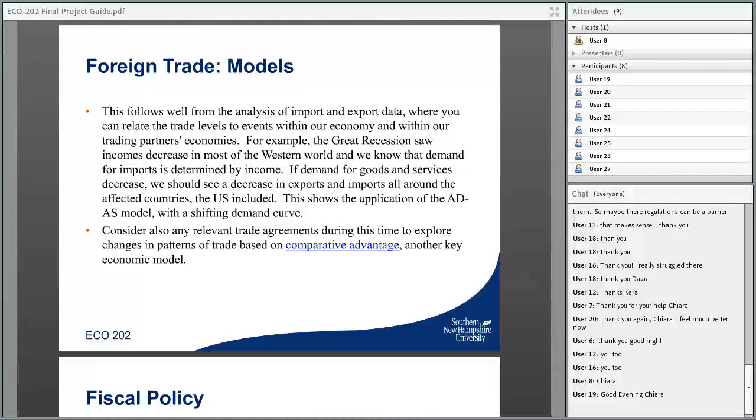So you can consider trade agreements that were important and they changed. What are they based on? You can discuss comparative advantage to explain those trade agreements, which would be one of the models that relates to foreign trade. So really important, develop these two slides to use the models.